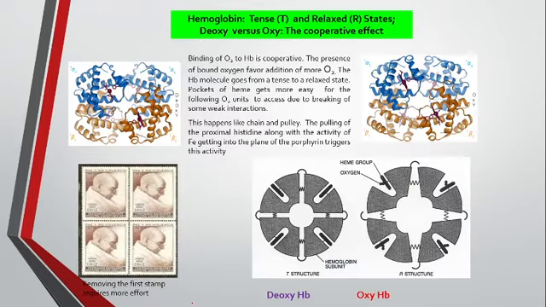Okay, this is about the mechanism of hemoglobin and myoglobin, both having the same mechanism of binding of oxygen to the heme group. Here, the hemoglobin is divided into two states. The first state is called the T state and the second is called the R state.